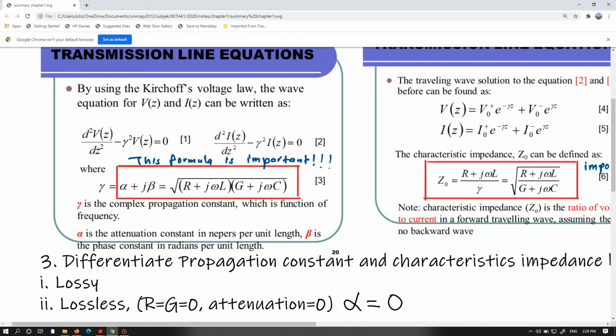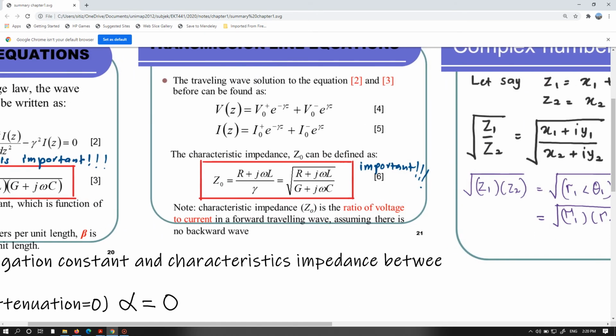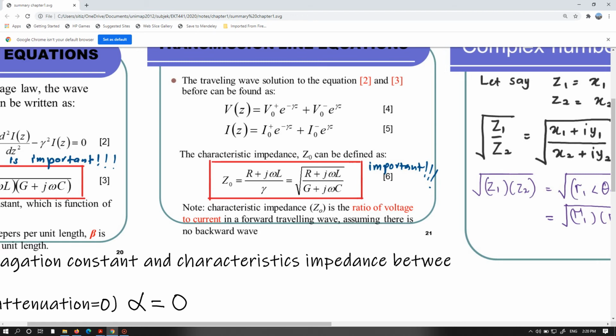The propagation constant describes your transmission line in terms of attenuation and in terms of the phase constant. The characteristic impedance just defines the impedance of that line, which we call the characteristic impedance Z0.